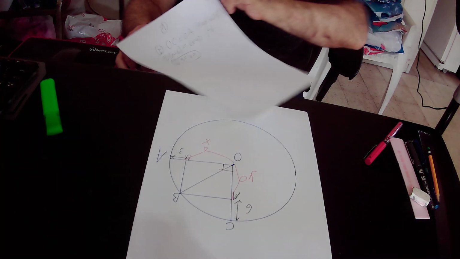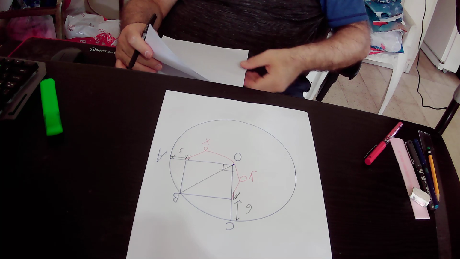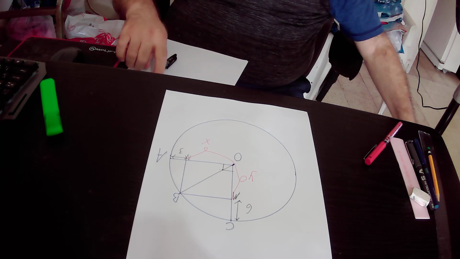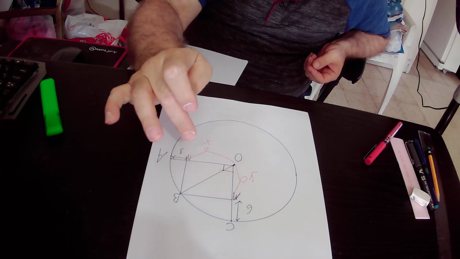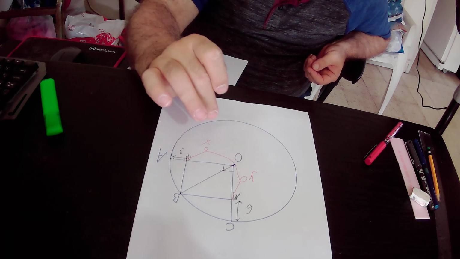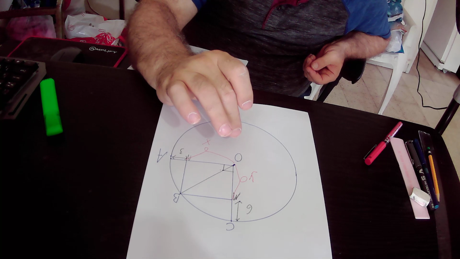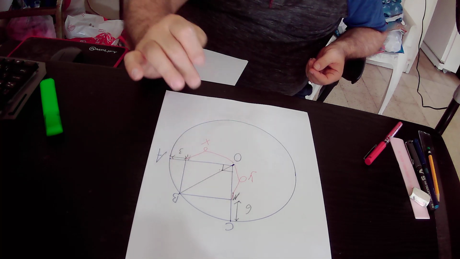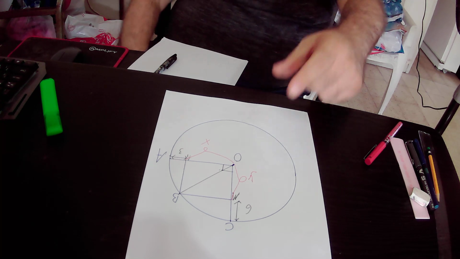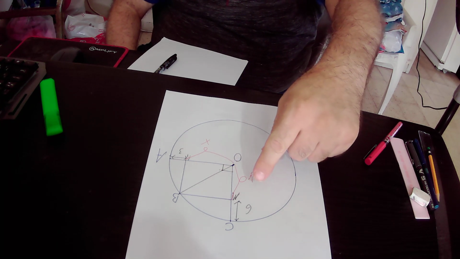Okay, so actually we have a rectangle. OMBN is a rectangle again, and the side OM of this rectangle equals y.